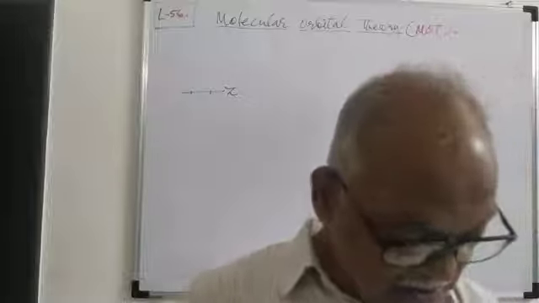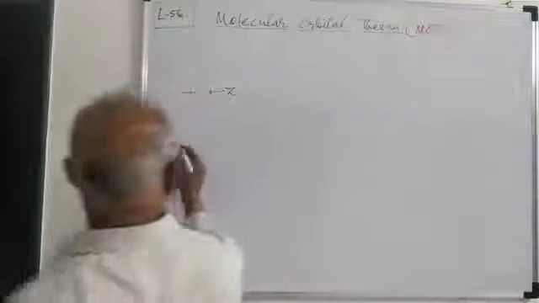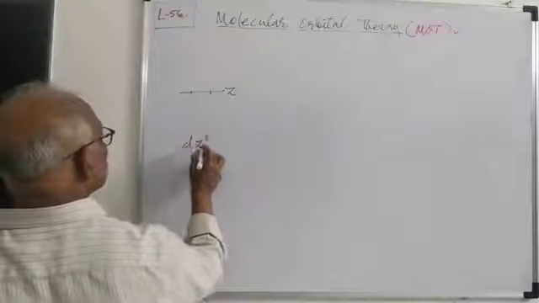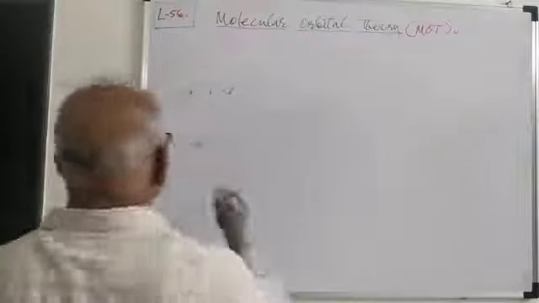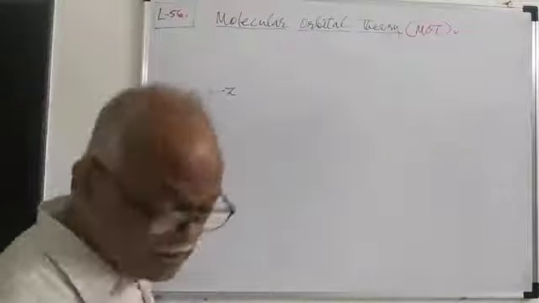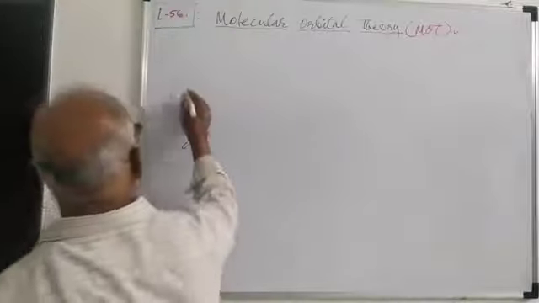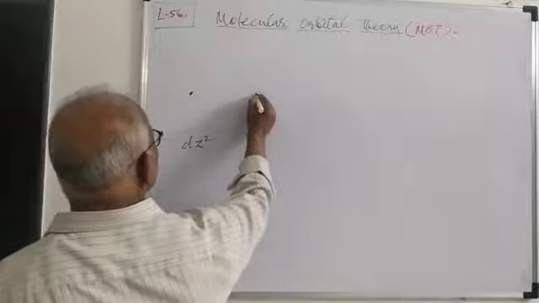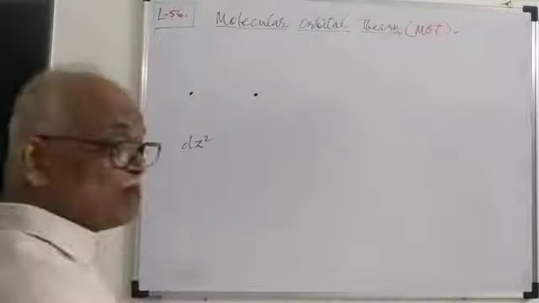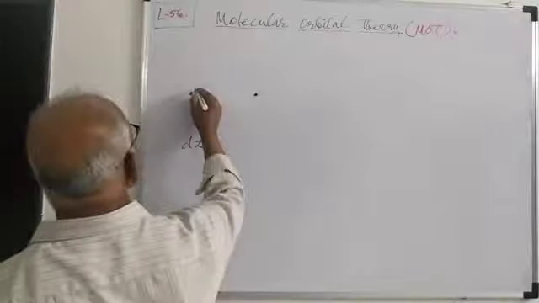So using this, we will find that the atomic orbitals of this first, that is dz2, are shown here in this way. Without showing this axis, we can also show these atomic orbitals for different atoms of the same type.